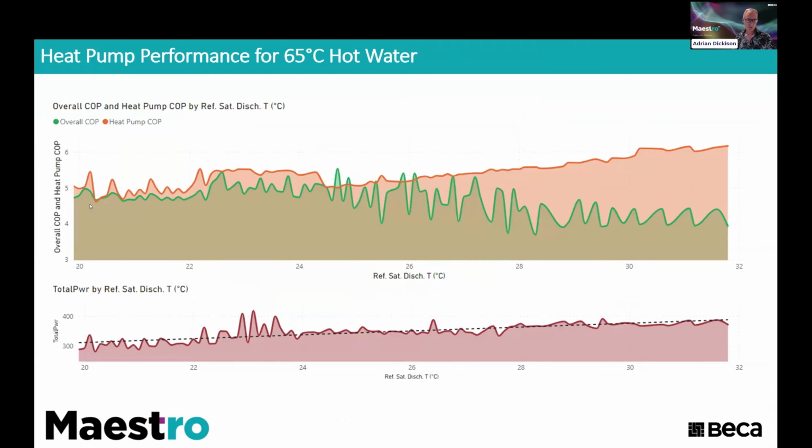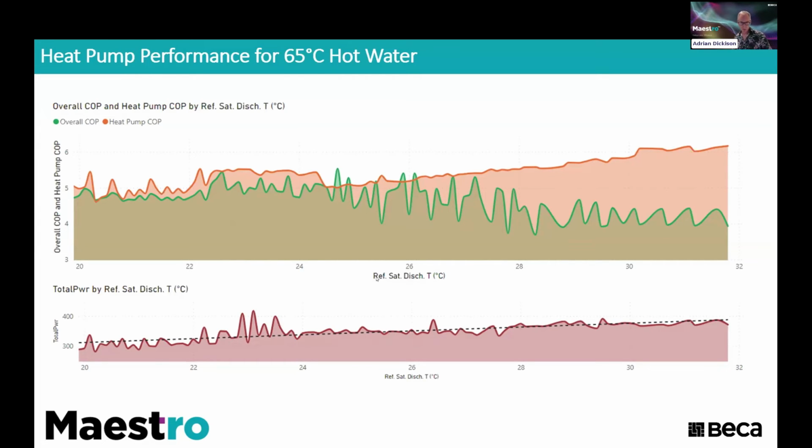What you can see here, the traces at the top are the COP in orange of the heat pump itself. The reason we're looking at this is simply because we know that anecdotally, people are raising the discharge temperature of their refrigeration systems to make their heat pumps work harder, to improve the COP of the heat pump.